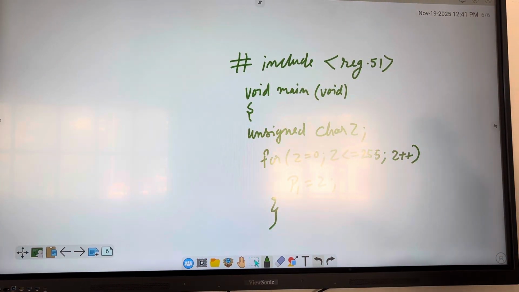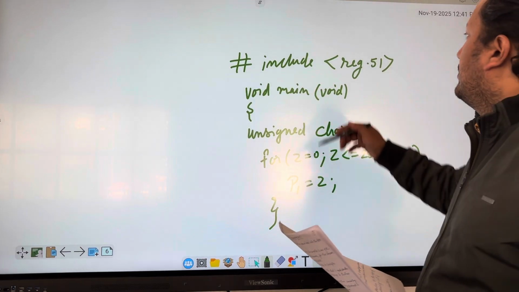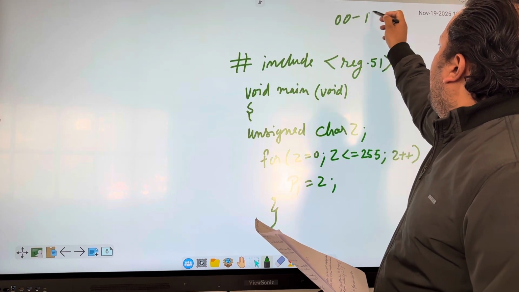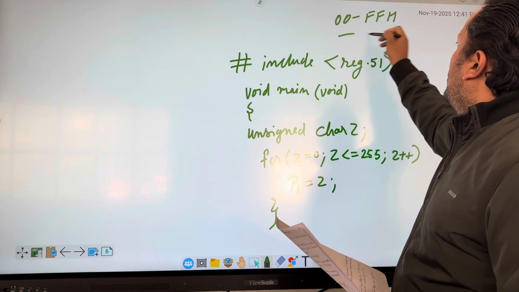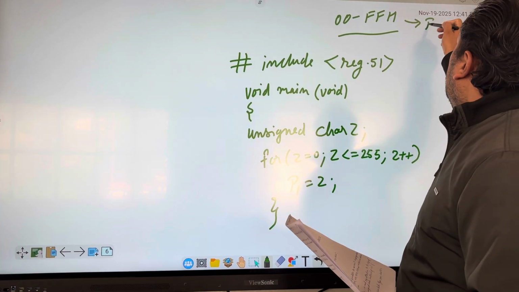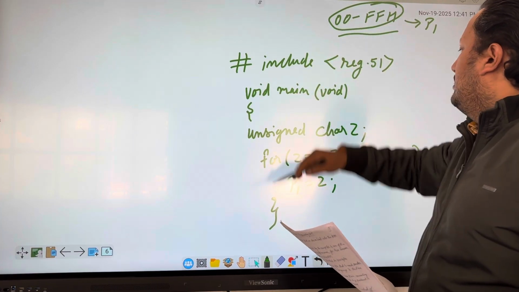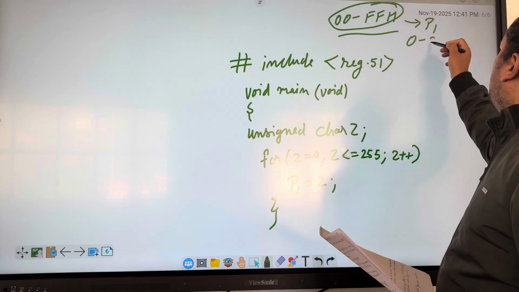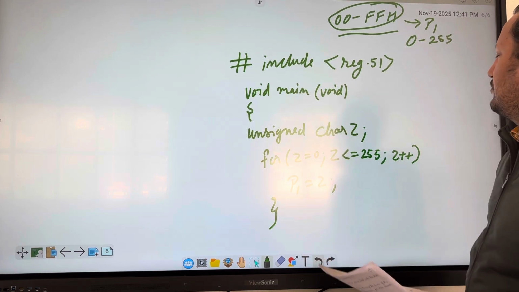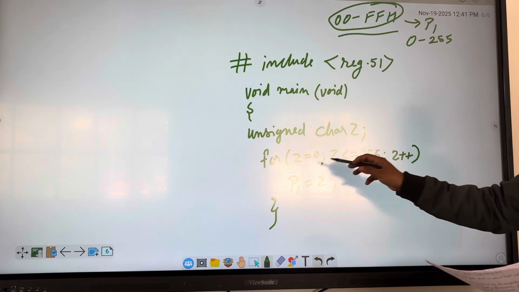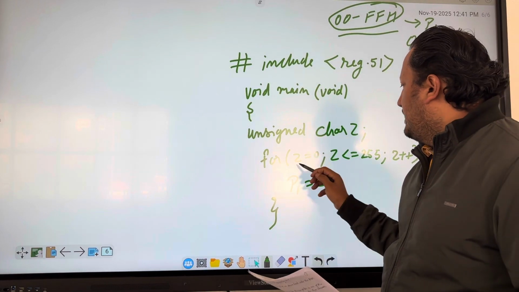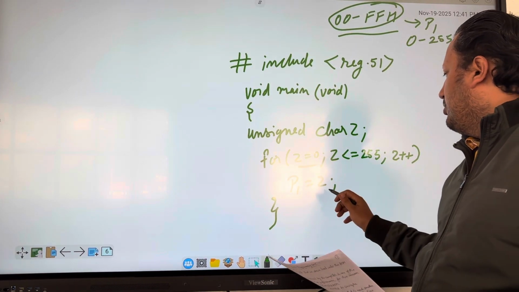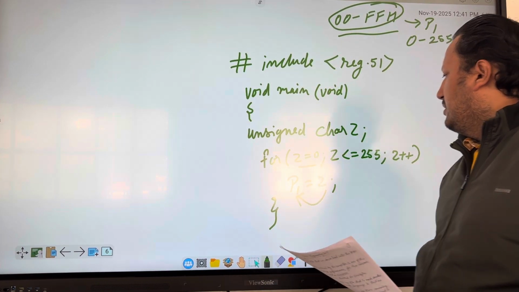How will you send values 00 to FFH to your port 1? These are the values in hexadecimal, and you know that these values mean 0 to 255 in decimal. So you have given the values 0 to 255 to your unsigned character Z, and then you have passed this Z to port 1.